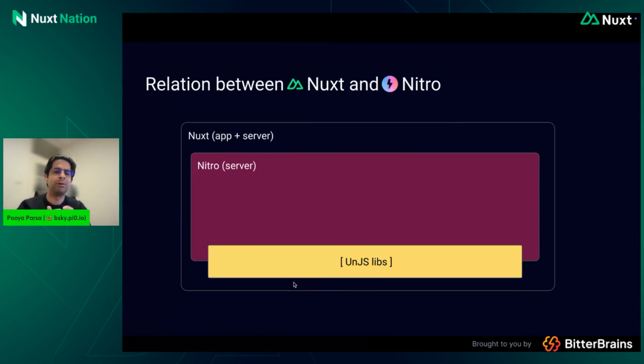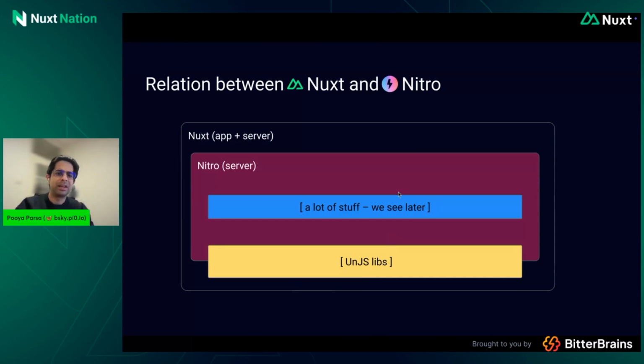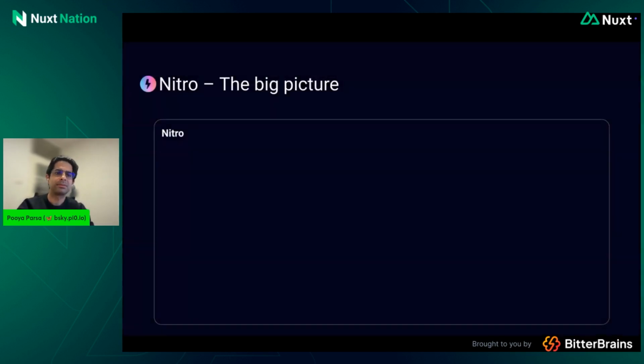UnJS is like the glue. Every solution we needed is in UnJS. So on top, it's Nuxt. And inside Nitro, there is a lot of stuff, a lot of abstractions, a lot of effort, a lot of different things that today we will see more in depth.